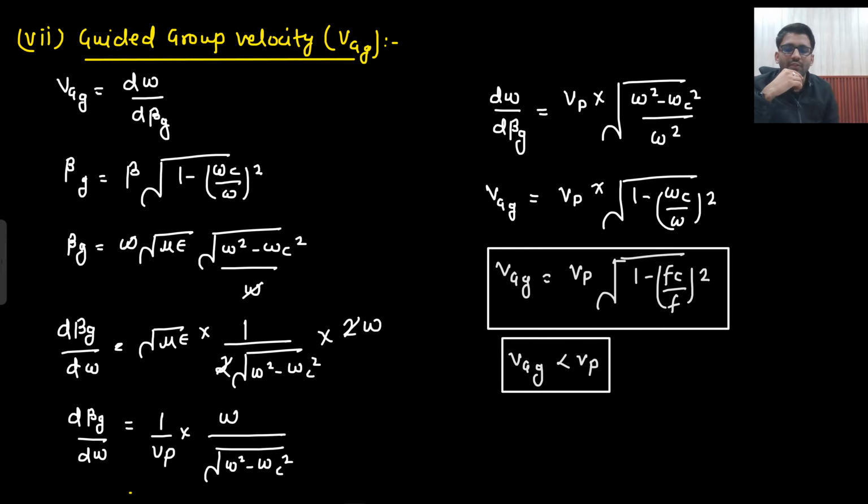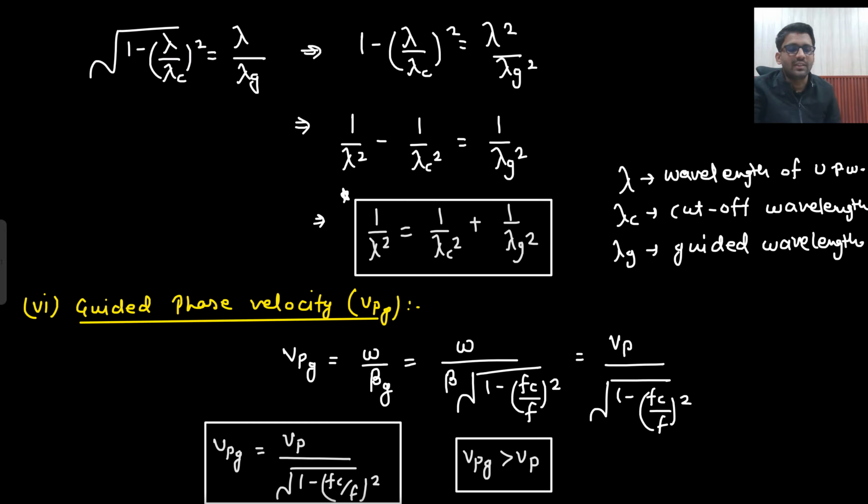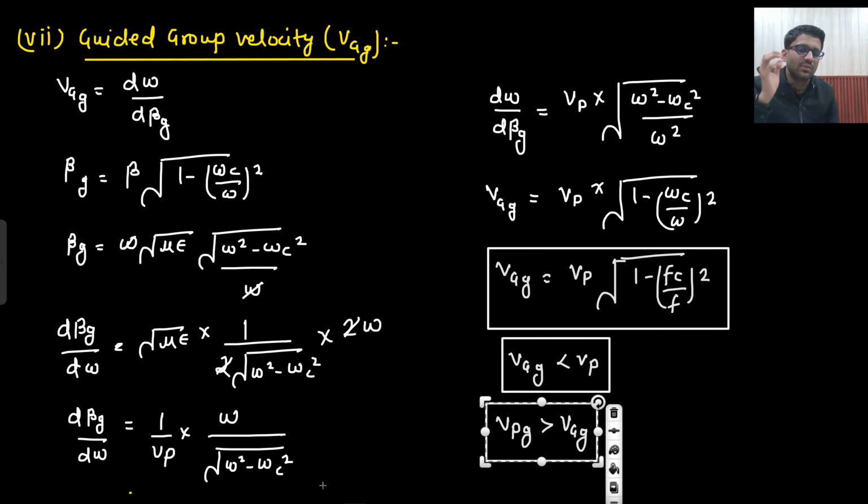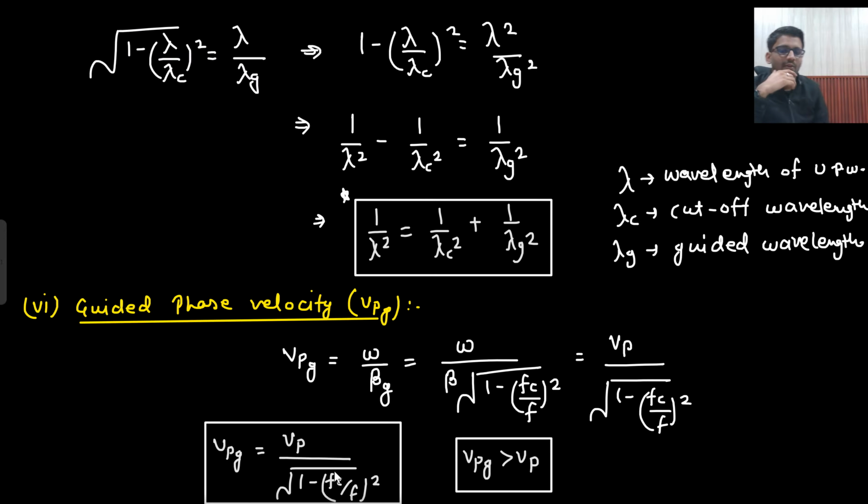So the guided group velocity is always lesser, sorry, not phase velocity, really sorry. Group velocity is always lesser than phase velocity. So phase velocity is always greater. What I mean to say is that your phase velocity will always be greater than group velocity. Another conclusion. Are you getting this point?